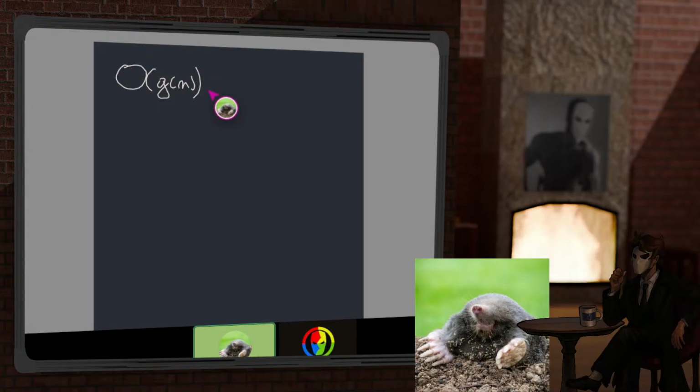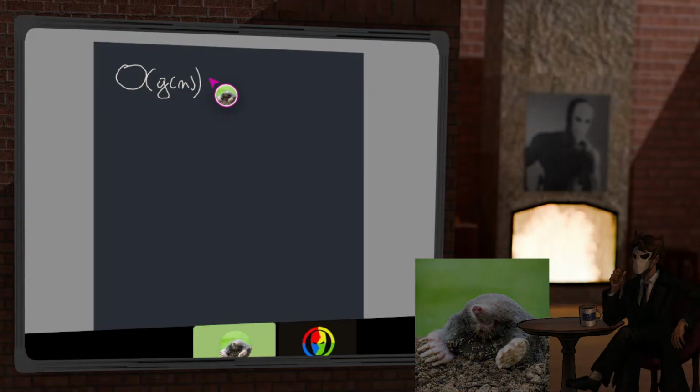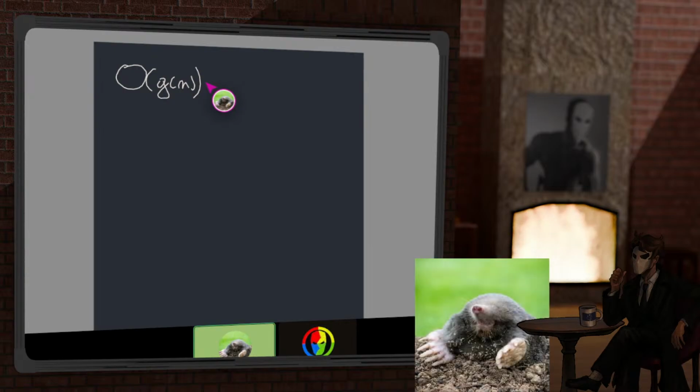But it is useful to not lose ourselves in the little nitty-gritty details of our algorithms, because some algorithms can be much better than others, and this is enough to see these big differences.